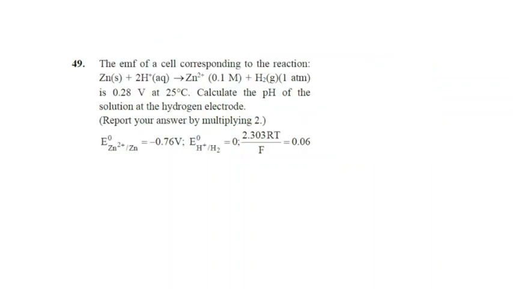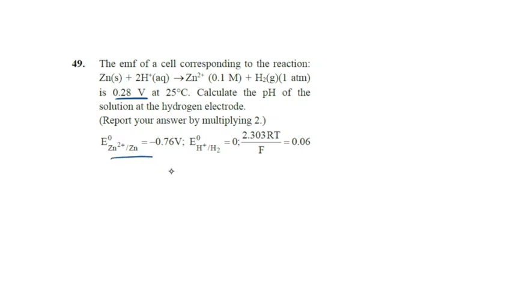Next integer question from the electrochemistry chapter, based on the Nernst equation. Here the EMF of the cell is given as 0.28 volts. Calculate the pH of the solution at the hydrogen electrode, and they have given E naught of Zn also.